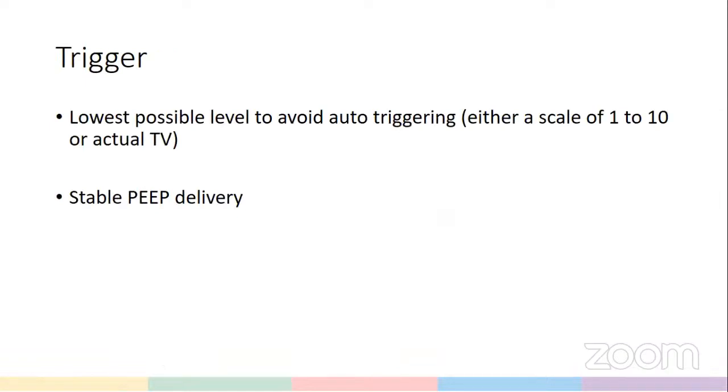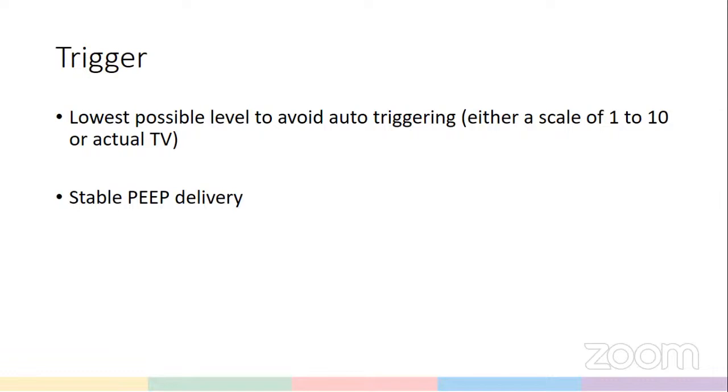So how much must be the right trigger, or where do we actually set the trigger? This is an important question. Typically, most ventilation proponents believe that the trigger must be set at the lowest possible threshold, as long as it avoids auto-triggering. If you look at a Draeger ventilator, the flow trigger is available on a scale of 1 to 10.